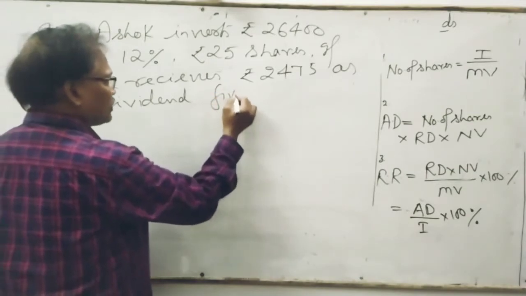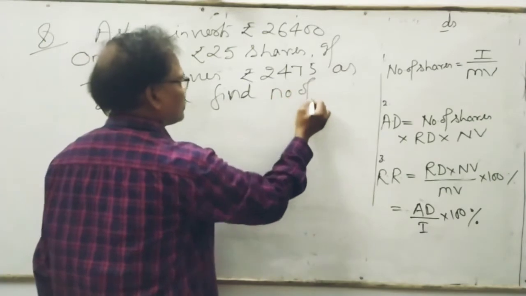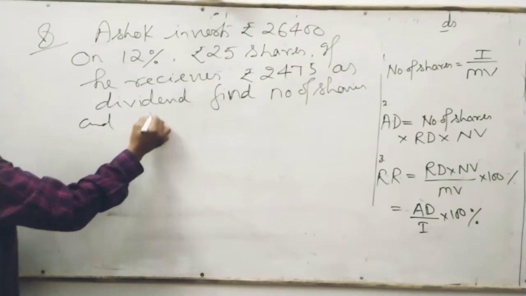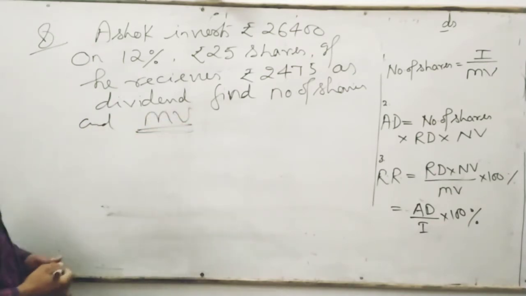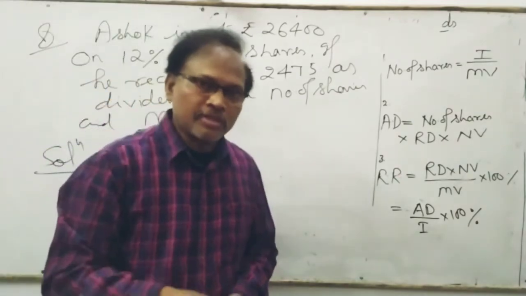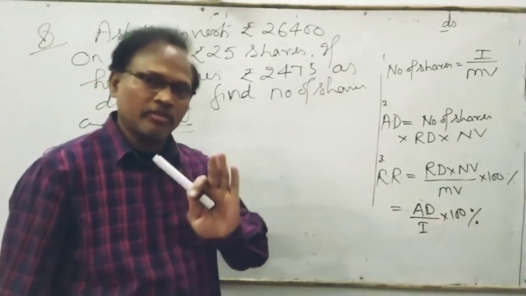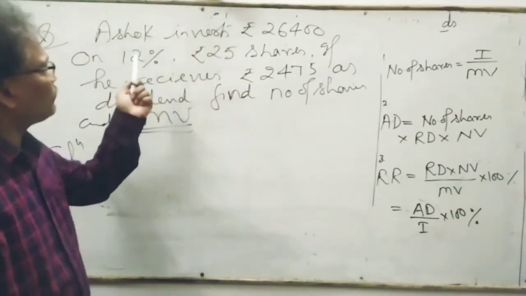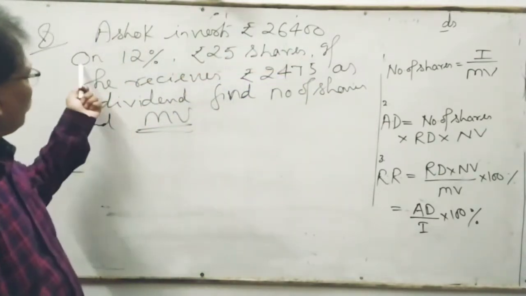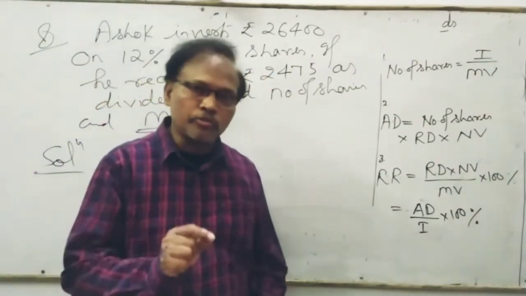अब तुम्हें number of shares and market value find करना है. Okay, I told you how to do the questions. First of all, you read the question 2 times and what quantities are given you must write. जैसे यहां पे लिखा है अशोक इन्वेस्ट रुपीज 26400 ऑन 12% rupees 25 shares. तो what is 26400?